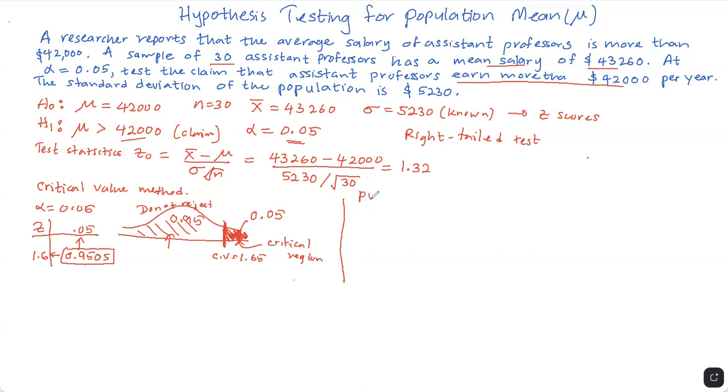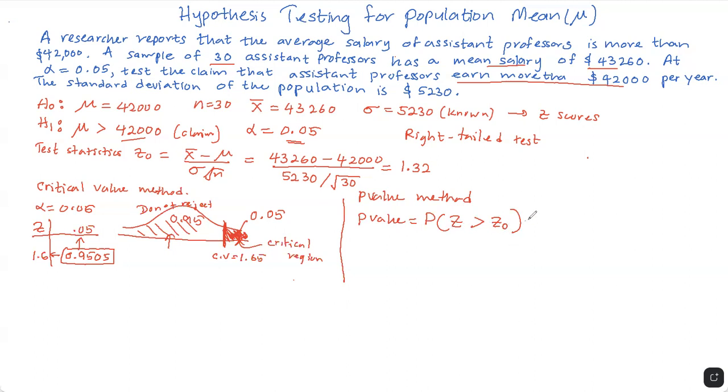Now let's look at the p-value method. The p-value is the probability of getting extreme sample statistics when the null hypothesis is true. So the p-value is the probability of z-scores greater than, since we are in the right tail, your test statistic.